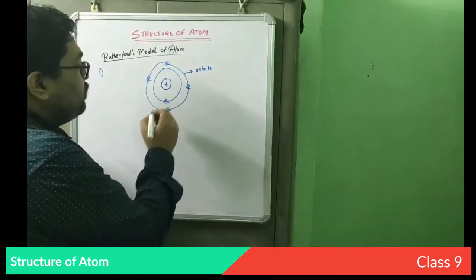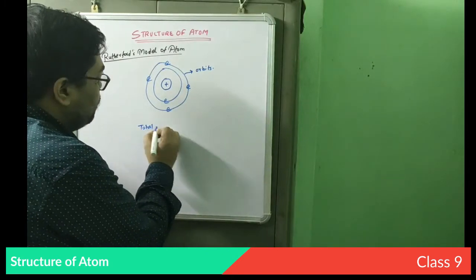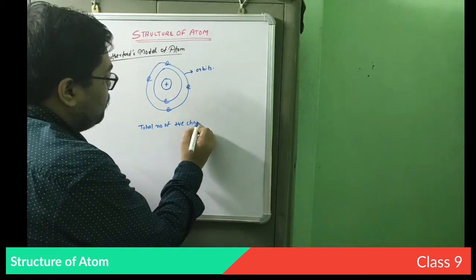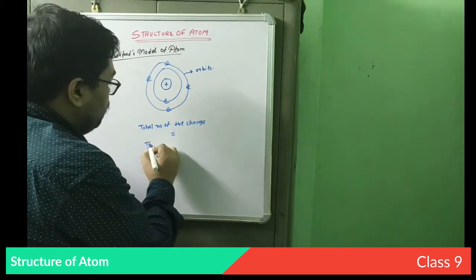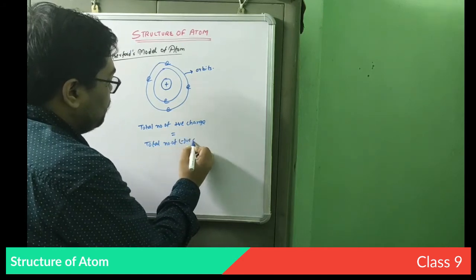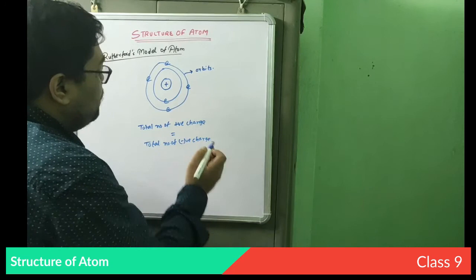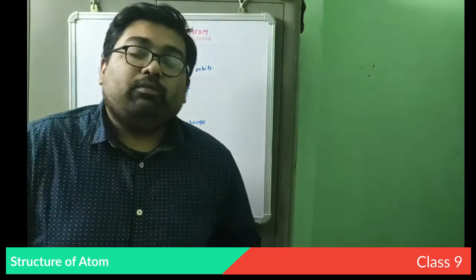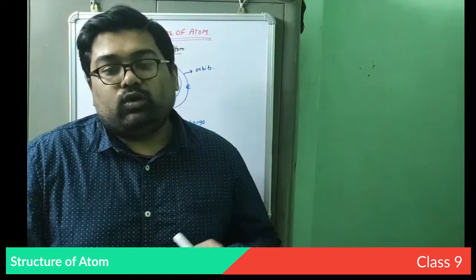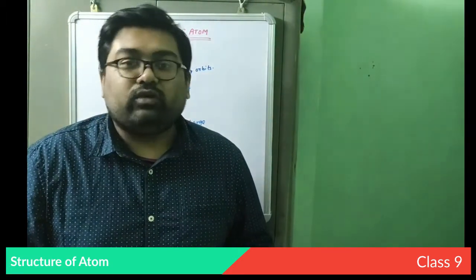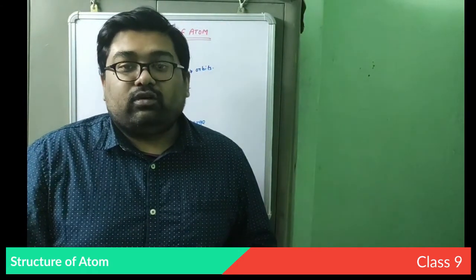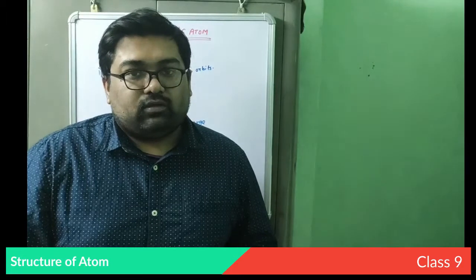Because the total number of positive charge, that is protons, is equal to the total number of negative charge. That means the number of protons present inside the nucleus of an atom will be equal to the total number of electrons that surround the nucleus. That is why the atom is electrically neutral in nature, right?